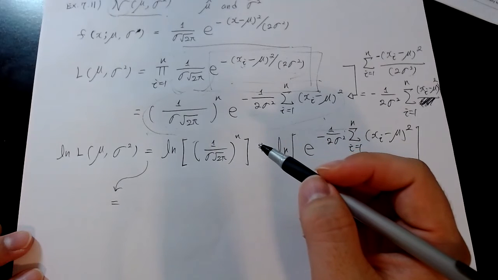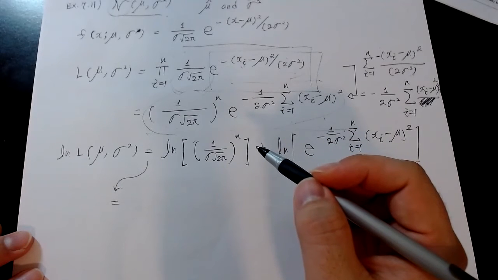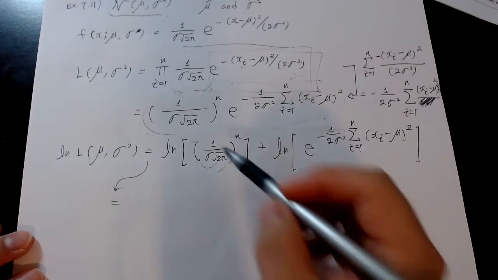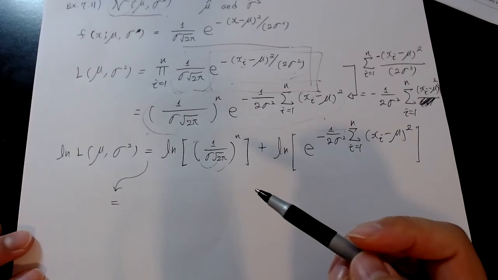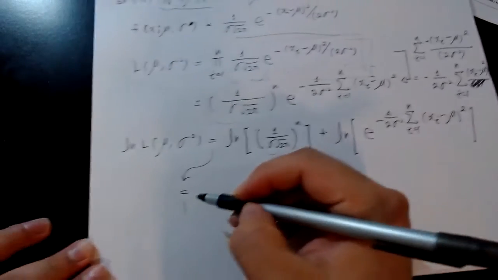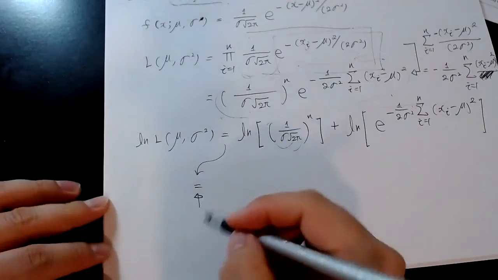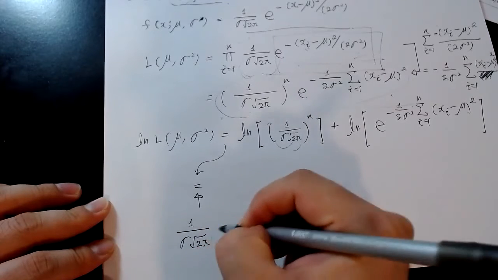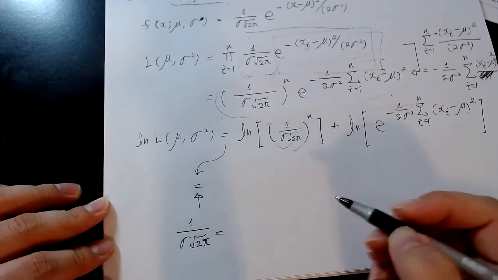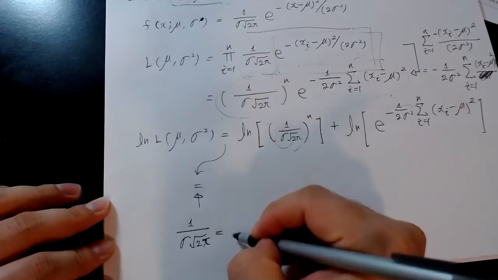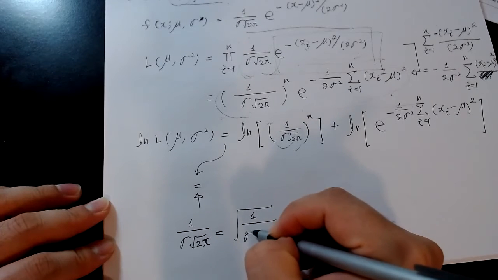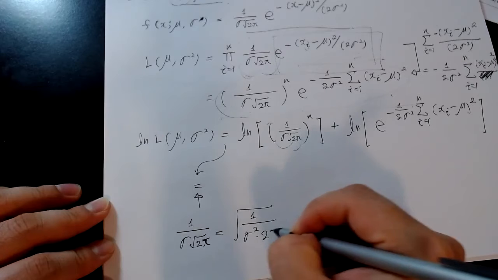Give me a second. This one. So I want to express that fraction without a square root. Okay, so from here, 1 over sigma square root 2 pi is equal to the square root of 1 over sigma squared times 2 pi, isn't it?